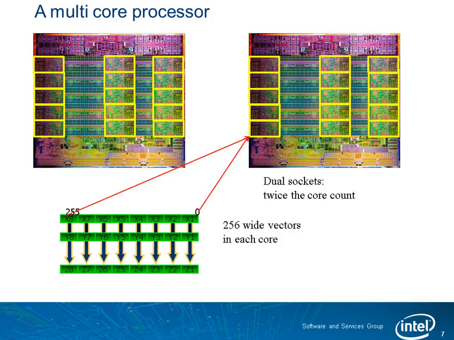That was a die photo of a single socket, and I'm showing here too, just to make it simple, that with a dual socket you simply get twice as many cores. The cores are obviously one and the most obvious hardware support for parallel computing, but not the only one.